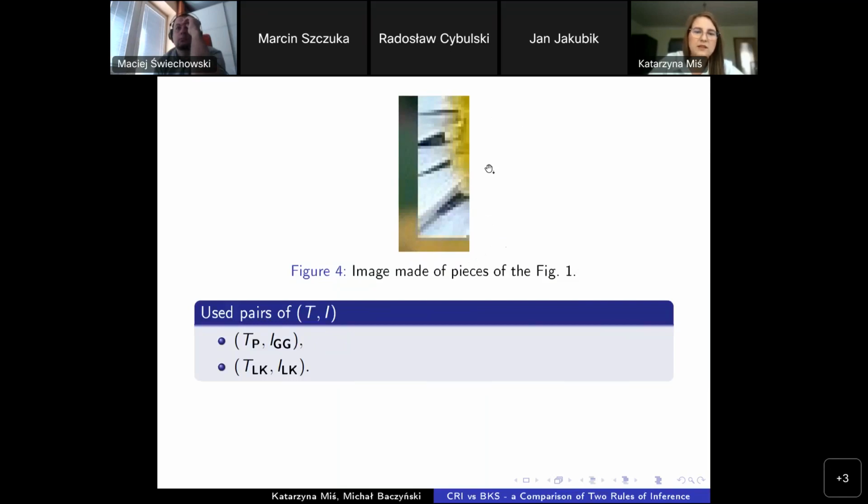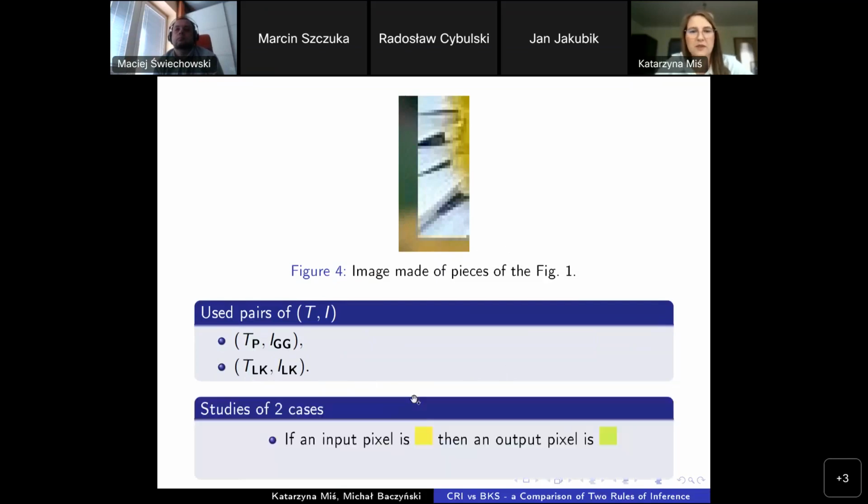We also used two pairs of T-norm and fuzzy implication. The first one was the product T-norm and the Goguen implication, and the second pair is the Łukasiewicz T-norm and the Łukasiewicz implication.